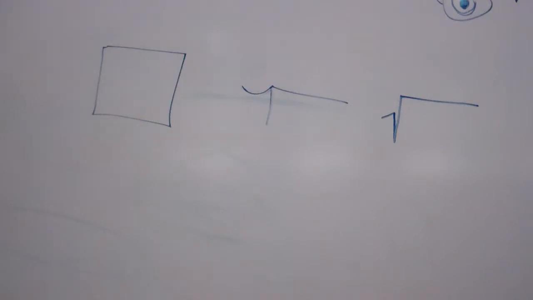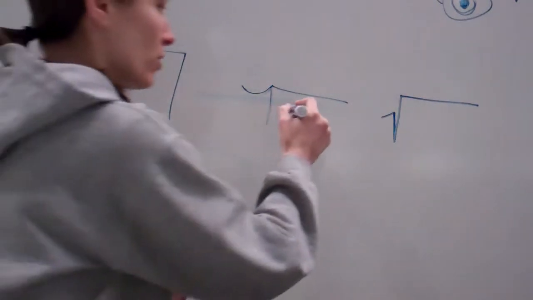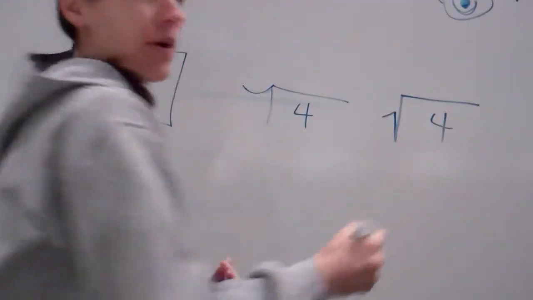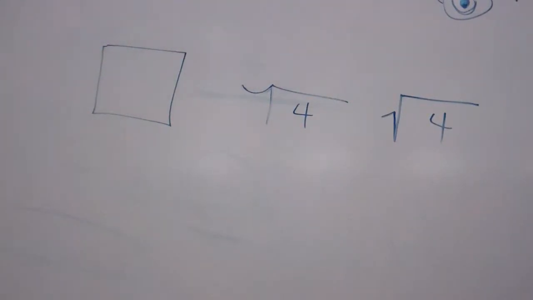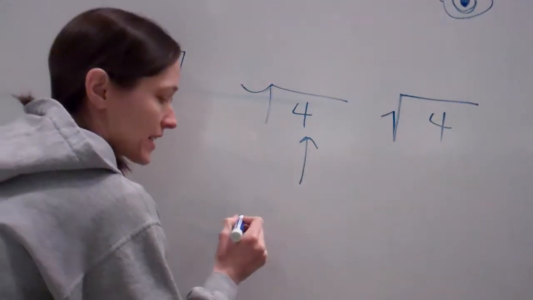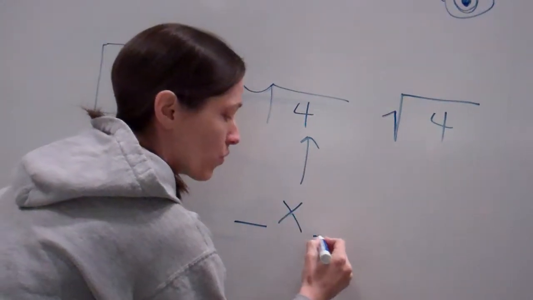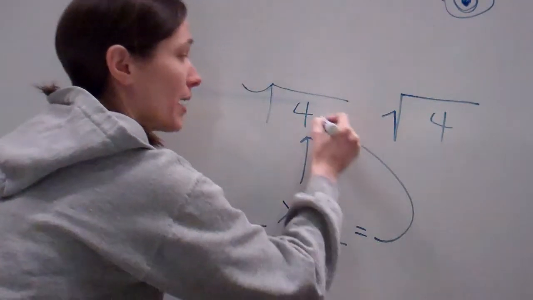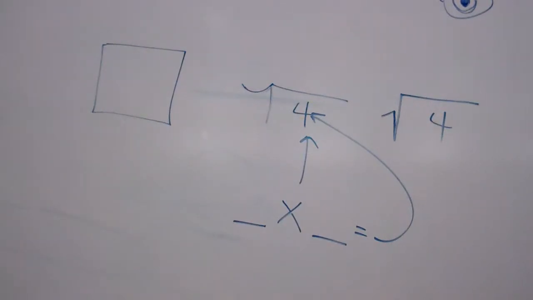And what it's going to have is a number inside of it. For example, 4. I'm going to put a 4 in both of them, whichever one you choose to do. And what you're asking is, what times what equals the number inside of that, but it has to be the same number multiplied twice.